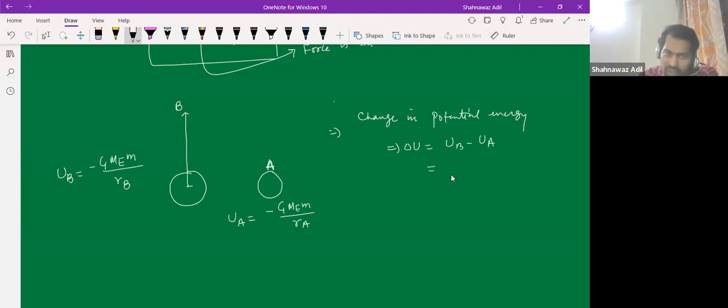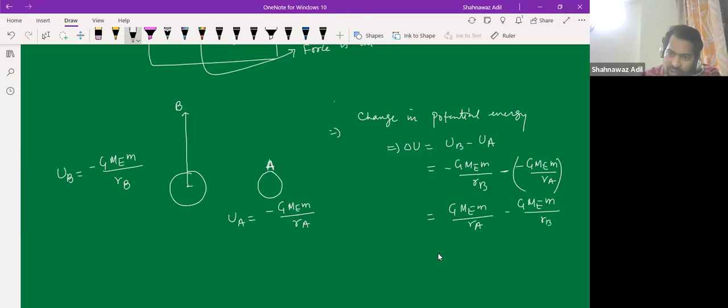That is minus GMEM divided by RA minus of minus GMEM divided by RB. So this minus minus will cancel, and I can take GMEM common. So this is GMEM times 1 by RB minus 1 by RA.